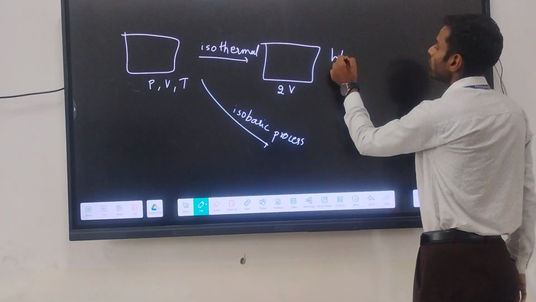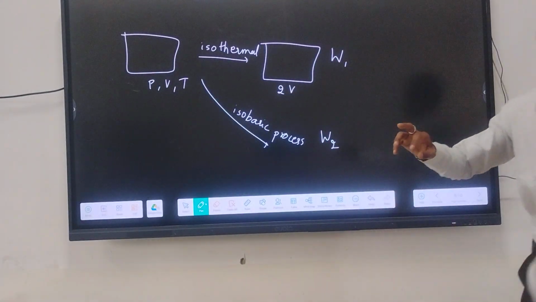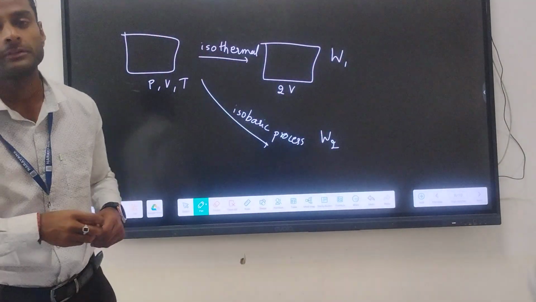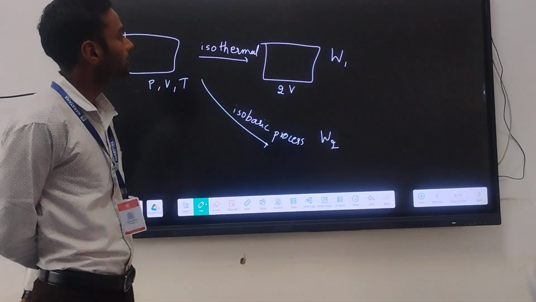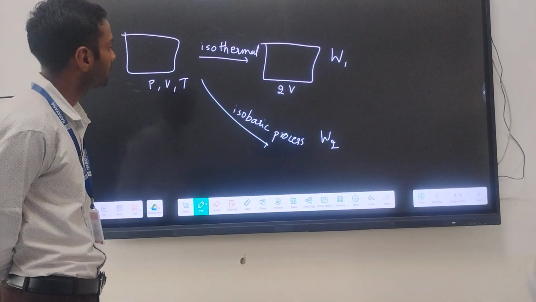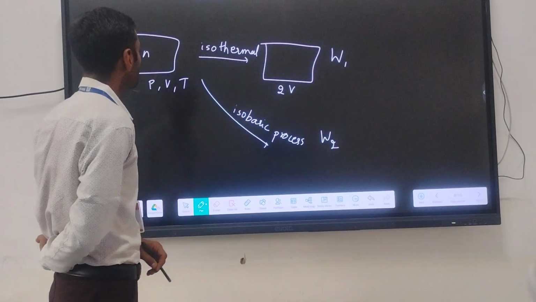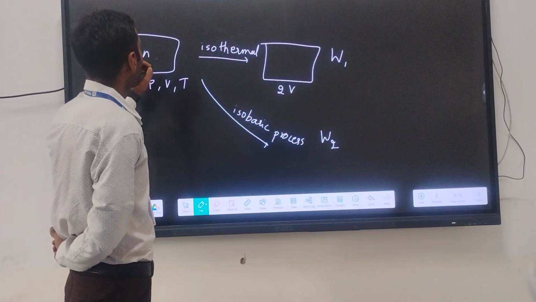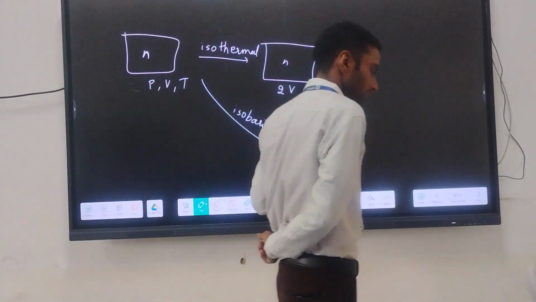So in this we got work W1 and in this we got work W2. Find the ratio of W1 and W2. Suppose n number of molecules are there initially and finally also n number of molecules.